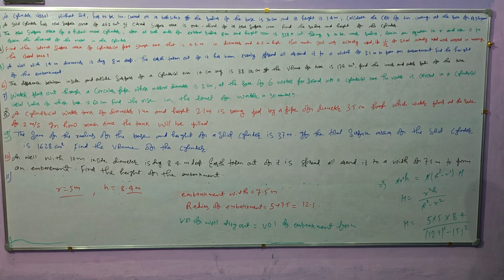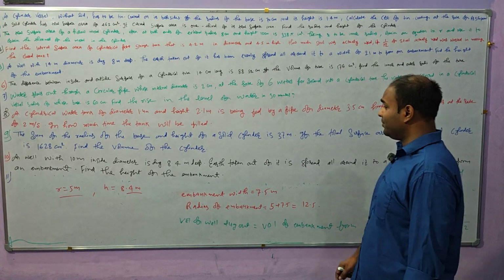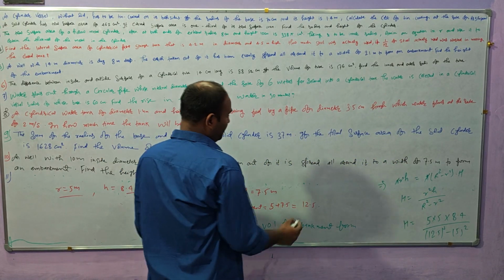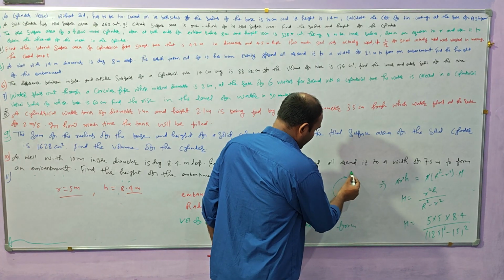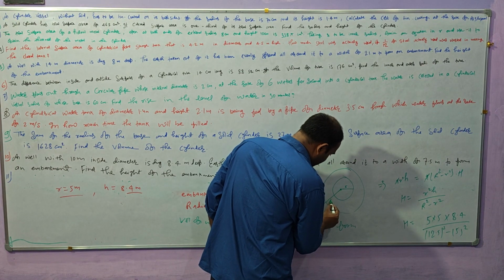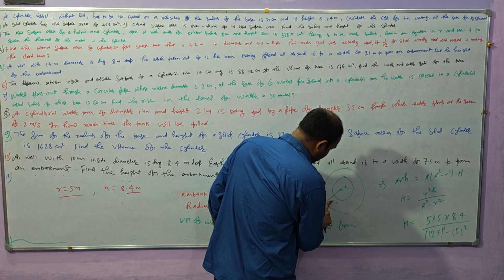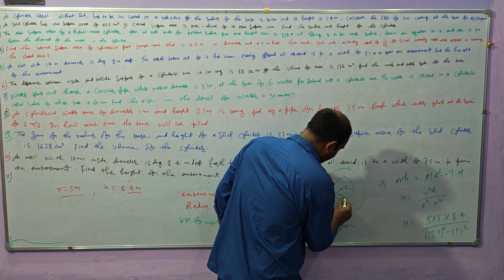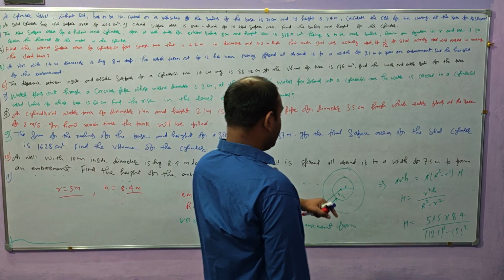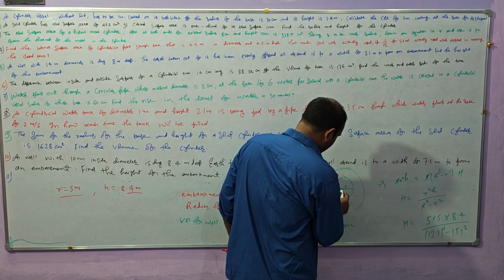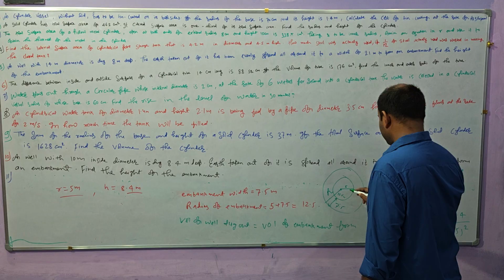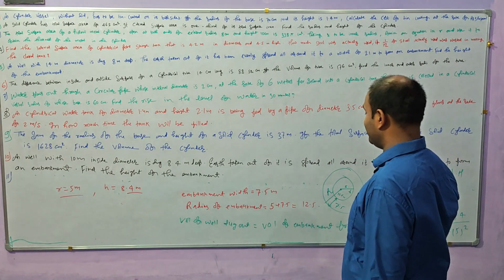After solving this, we get the height in meter, which is the height of the embankment. Here the embankment has outer radius 12.5 meter, the width given is 7.5, and the inner radius is 5.